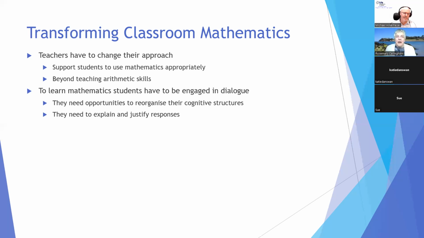Also, I think the other thing is that really to learn mathematics well, students need to be able to talk through what they're thinking. They need to talk to their peers, to their teachers, to more knowledgeable others. They've got to be able to reorganize those cognitive structures, and that requires some form of language.